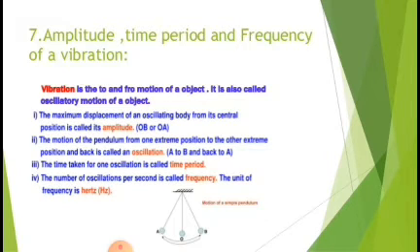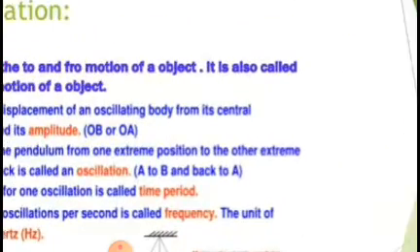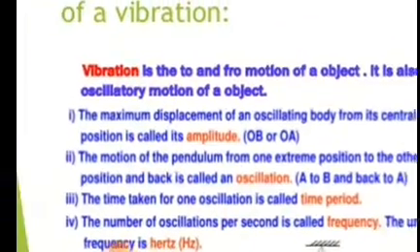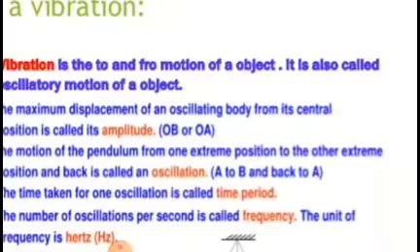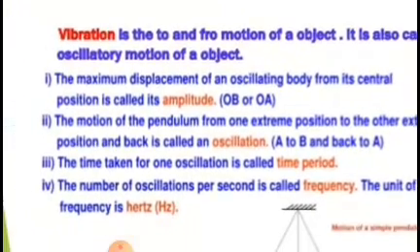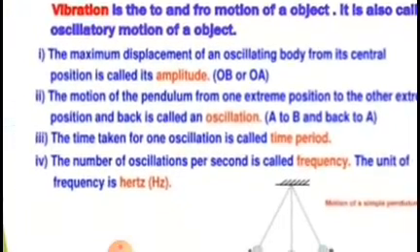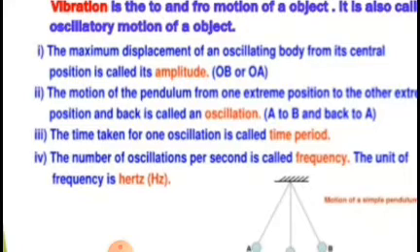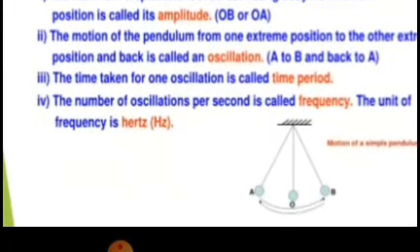So vibration is the to and fro motion of the object. It is also known as oscillatory motion of the object. Maximum displacement of the oscillatory body from its central position is called as amplitude, that is from OB or OA.